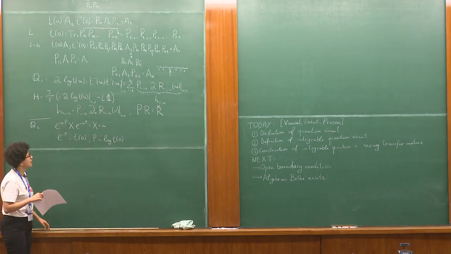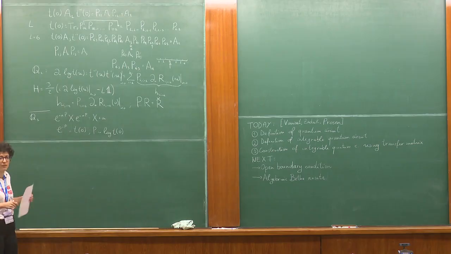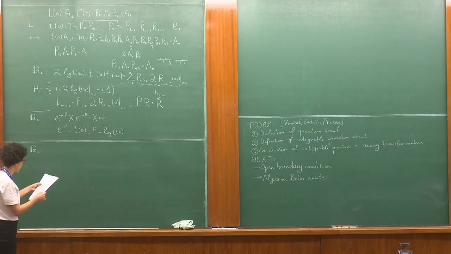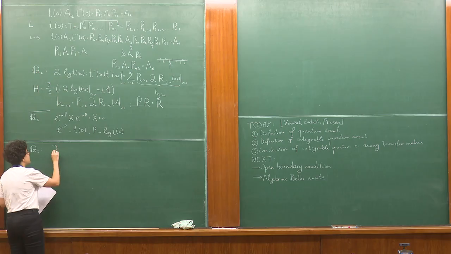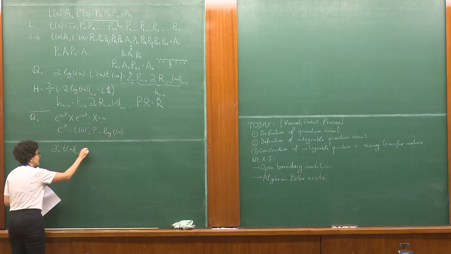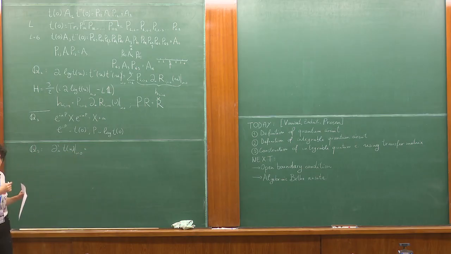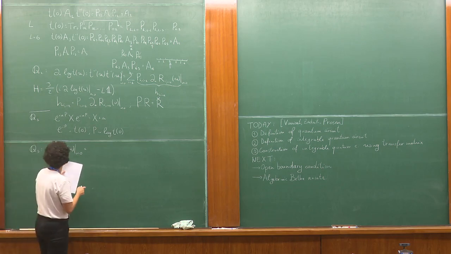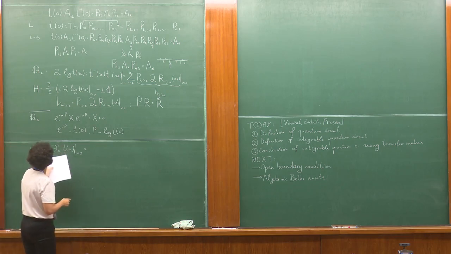Now let me go to Q3. I will not derive it because it's a bit long, but again, you can try, and in case I can show you if there are problems. So Q3 will be the second derivative of t(u) at u equal to 0. Also, you can find the exercise of the tutorial on the website, and this is also written there. So what is the derivative of t(u)?